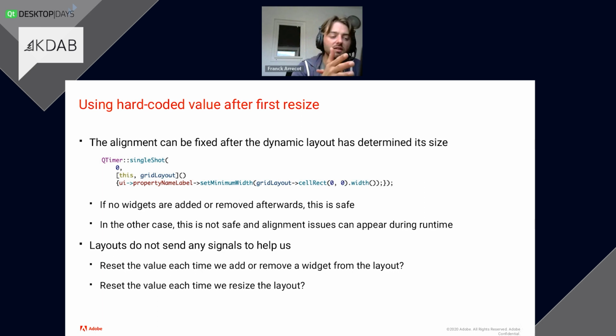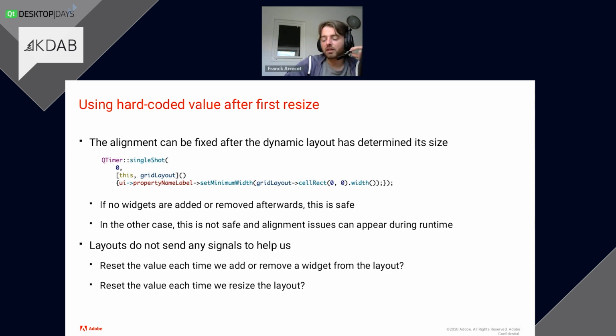And once it's done, you capture this correct width that has been calculated, and you set it as a minimum value. That's what the code is doing here through a timer, for instance. That's just example code, where at the initialization of your layout, you call this function, which is setting the current width of a given cell as the minimum width. Okay, that could work.